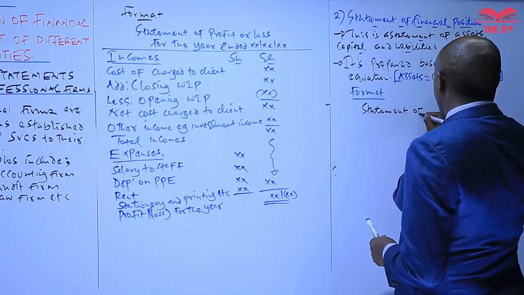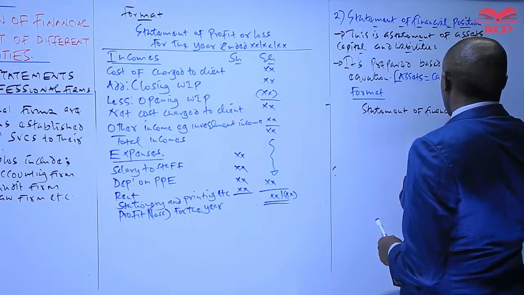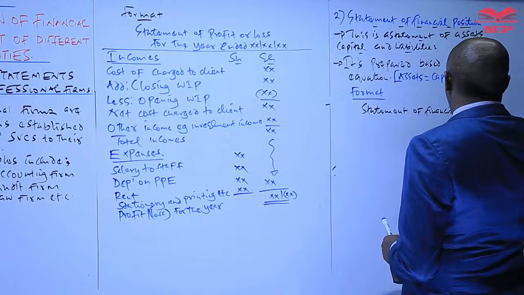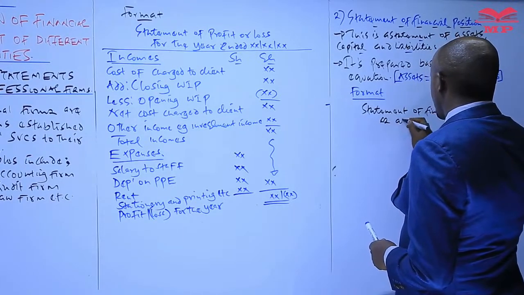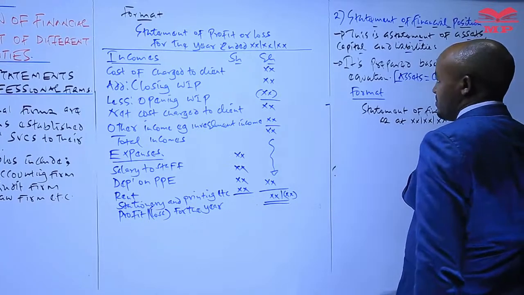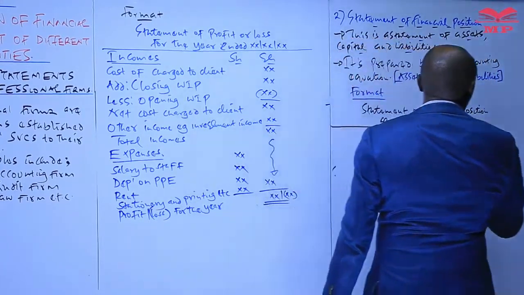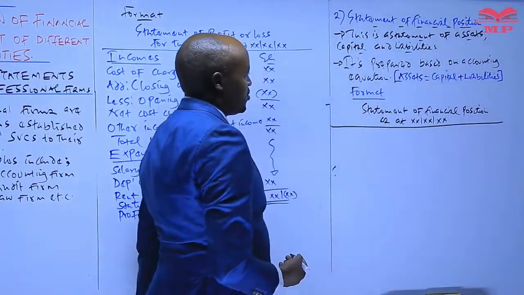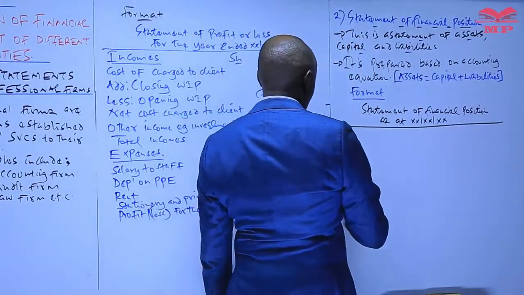Statement of financial position as at the end of the year, because this one we have said is prepared at the end of the year to show the assets, the liabilities, and also the capital of a professional firm.